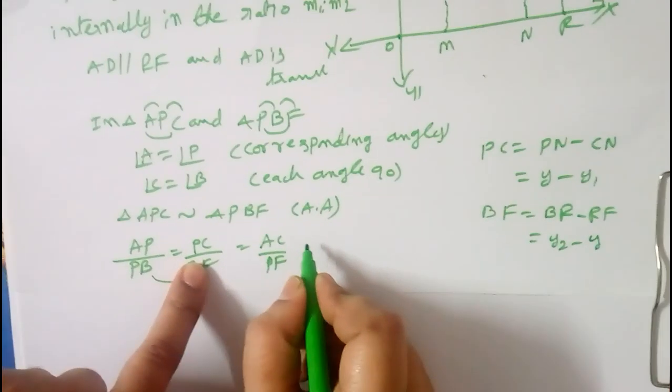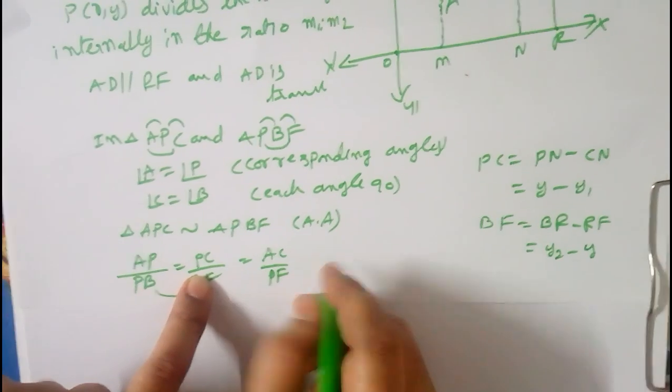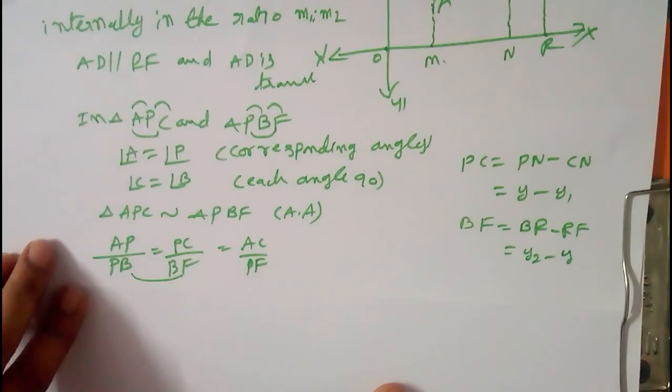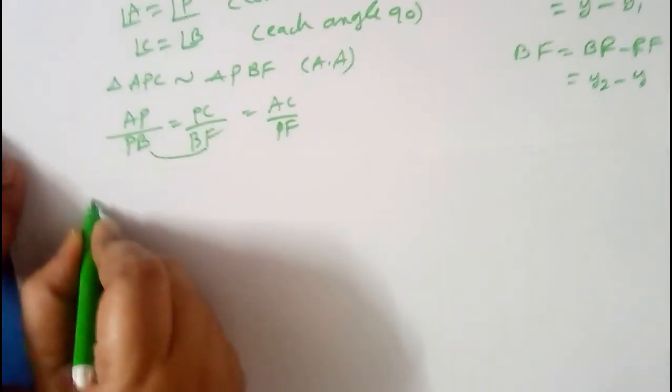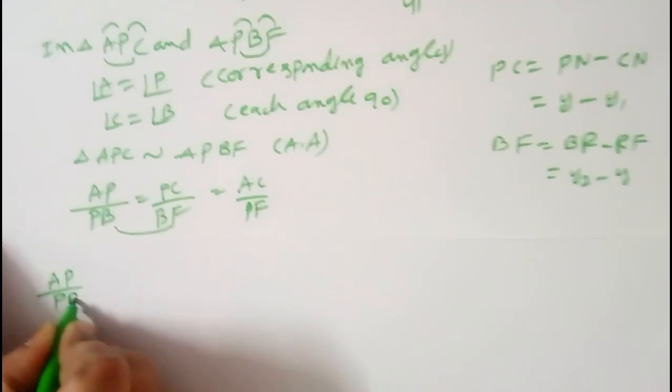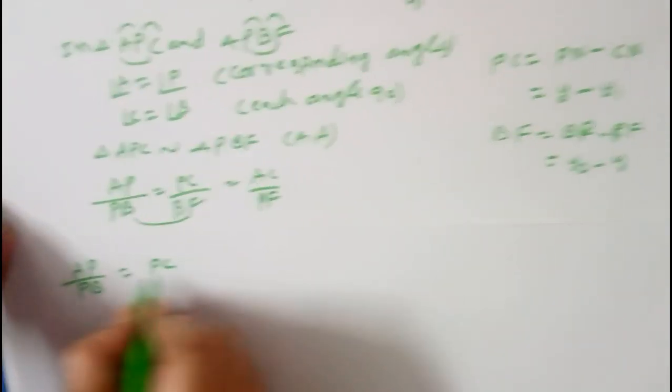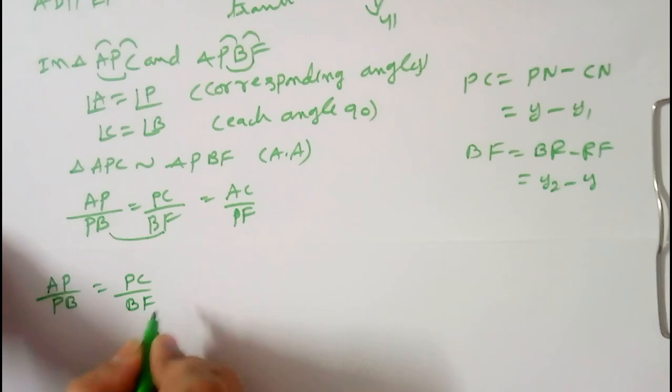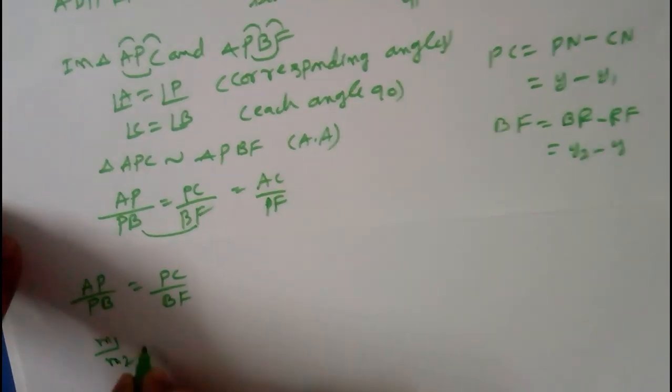Now consider AP by PB is equal to PC by BF. AP is to PB is M1 is to M2.